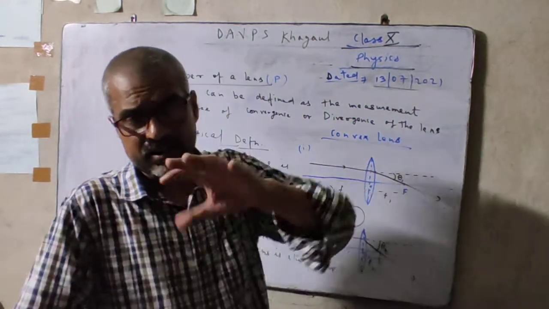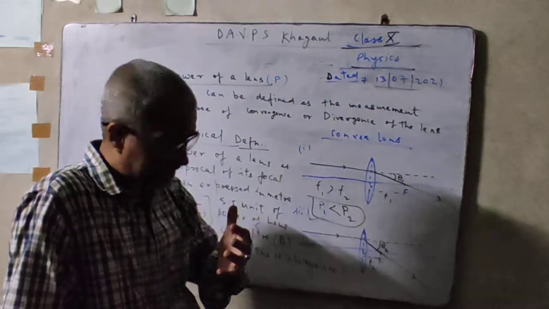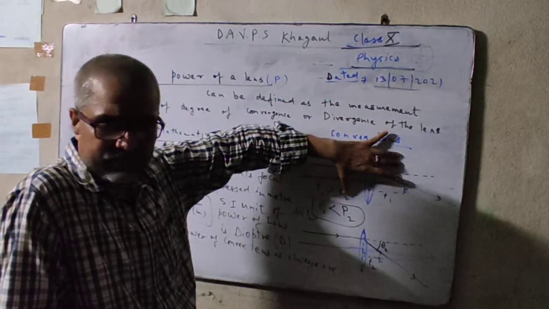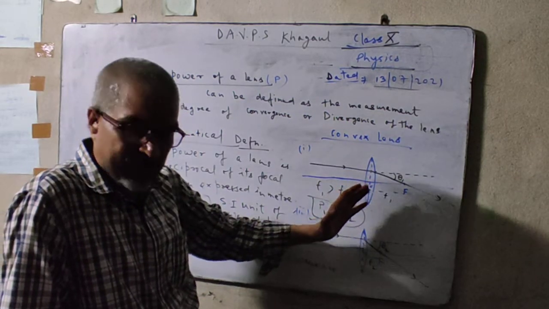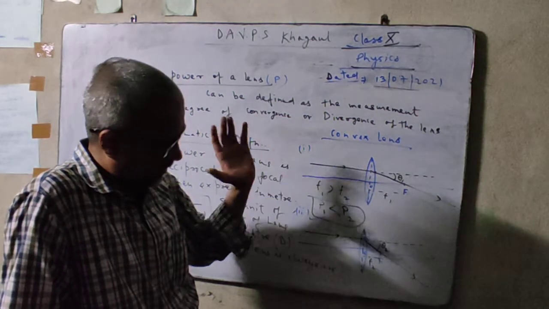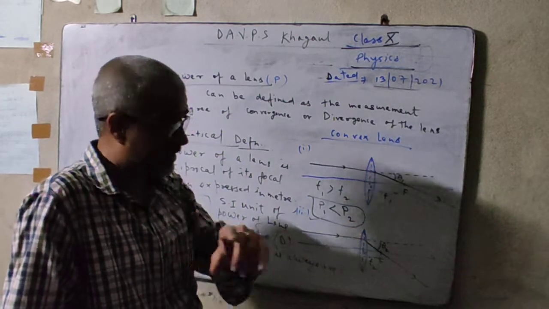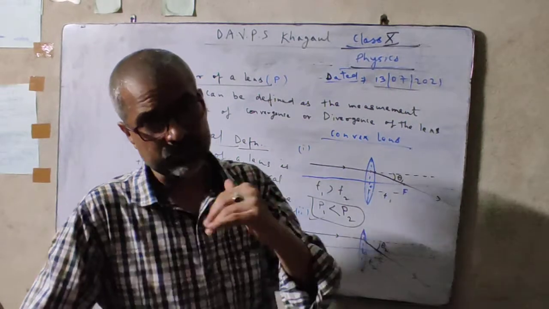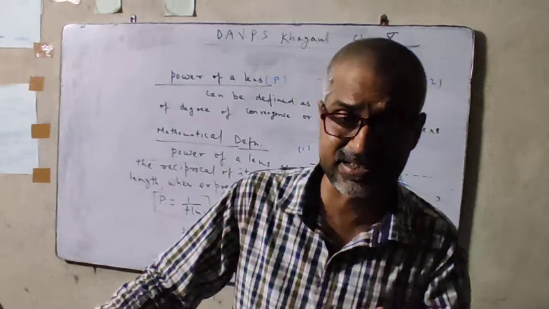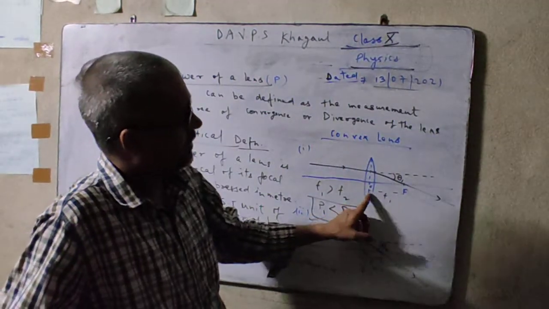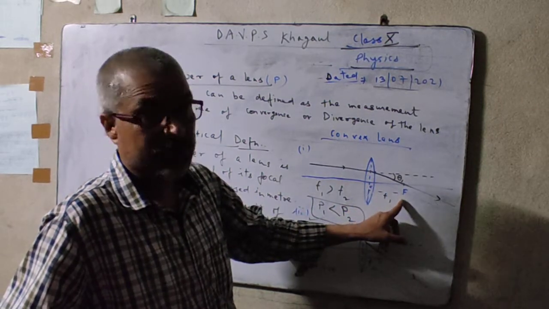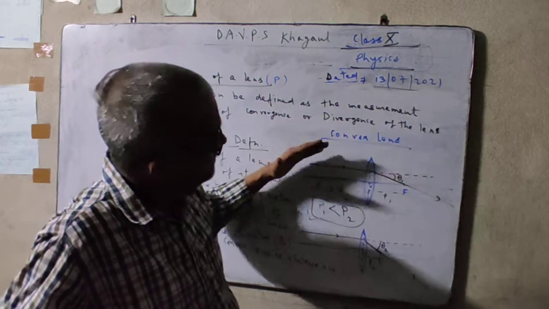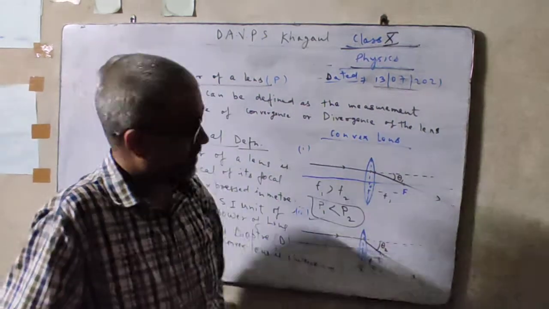Okay, last class I was teaching about sign convention, and all of you remember. What I was teaching is that the distances measured in the direction of the incident light ray are taken positive, and opposite to the direction of incident light ray are taken negative. So for convex lens, it is positive because the distances are in the direction of incident light.